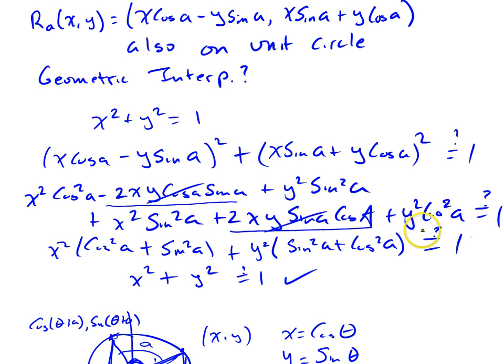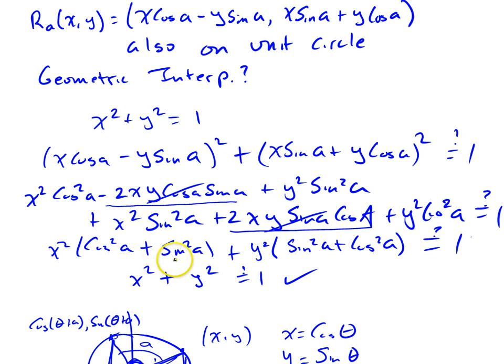Now, this thing squared was all this stuff, this thing squared was all that stuff. I'm adding them together. I notice that there's a minus 2xy cos a sine a from this one, and there's a plus 2xy cos a sine a from that one, and those are going to cancel out. I then notice I've got an x squared cos squared a and an x squared sine squared a. I'm going to factor out the x squared.